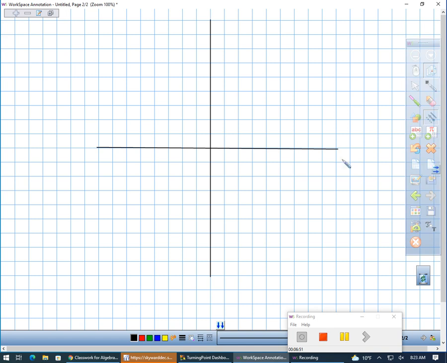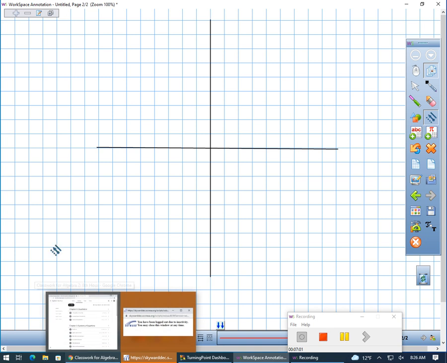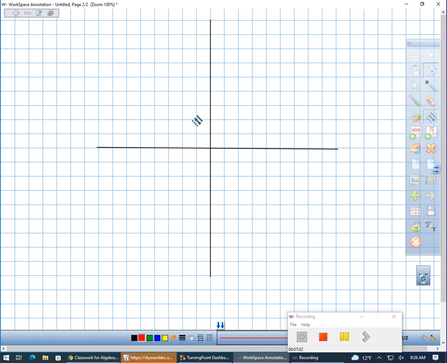If we have a line on our graph, let's say we have a line that goes from here to here.